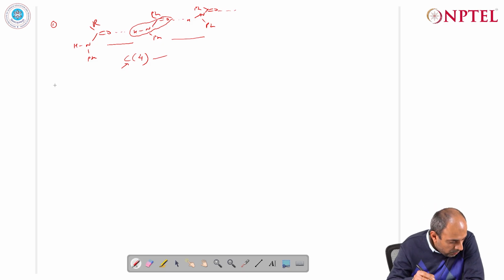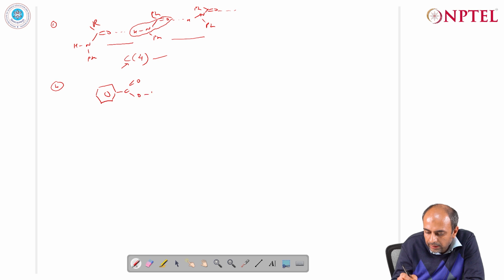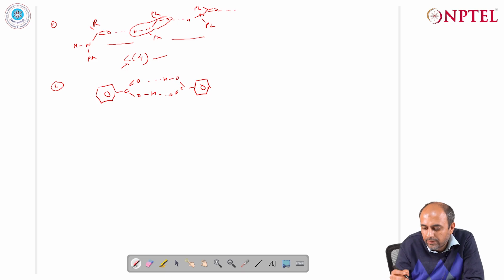The next one is to look at a dimer, and in this regard we can look at the classical carboxylic acid dimer. And this is represented by the graph set descriptor R. A represents the number of acceptor atoms, so there are 2 acceptor atoms.